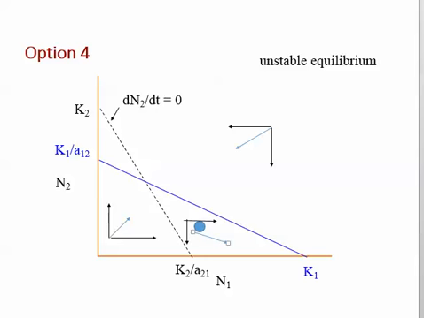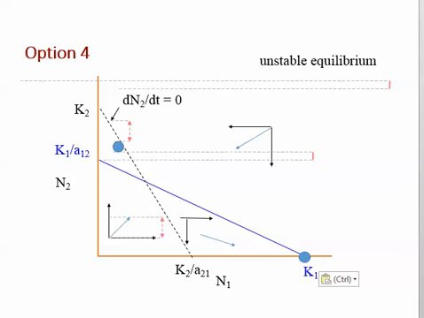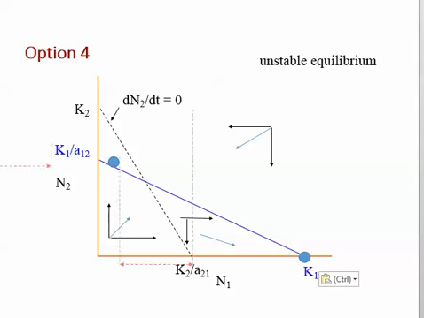That means the population would drift over in this direction and make this a stable equilibrium point. And by analogy, if you were up in here, same thing: you're below the zero net growth isocline of species 2, so populations of species 2 would increase. You're above it for species 1, they would decrease, and you would move in a direction up over there, and both of those represent stable equilibria.